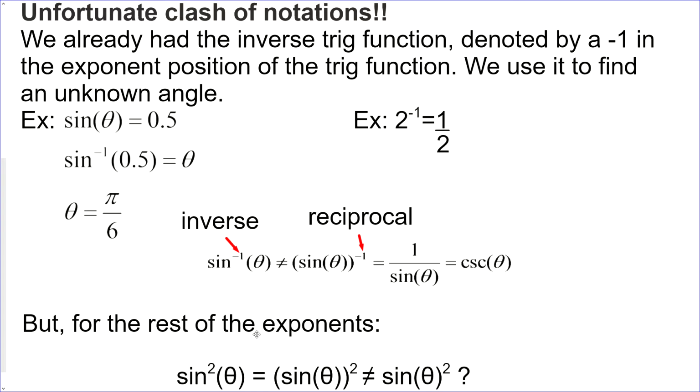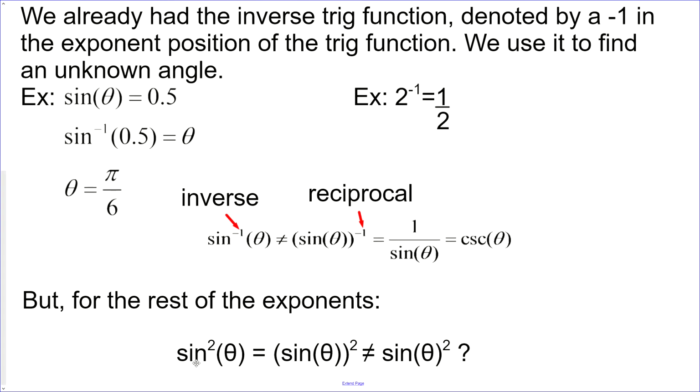For the rest of the exponents, though, if we wanted to say sine theta all squared, we would put the squared sign right beside the sine. So when we see a -1 beside the sine, usually that means inverse, but that's also where all the rest of the exponents are going to be.